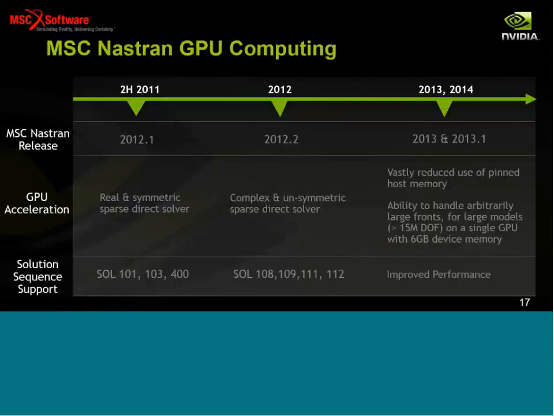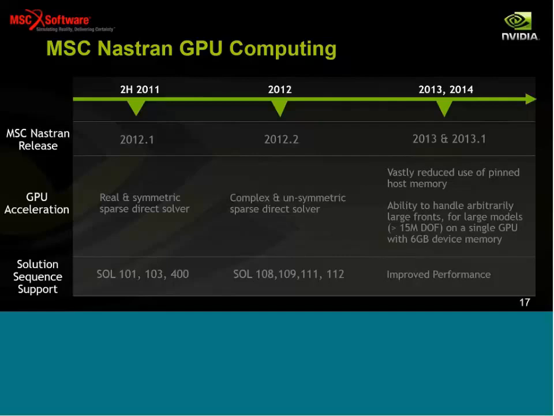In MSC Nastran 2012.1, the work was finished in the second half of 2011. MSC Software delivered the first accelerated solver on the GPU using this previously described procedure for real and symmetric matrices. This, of course, allowed for acceleration of several solution sequences, like solution 101, 103, and 400, where the matrices are typically real and symmetric.